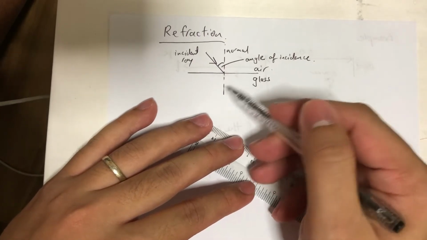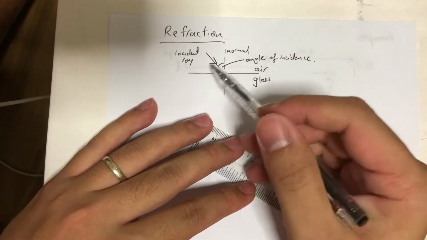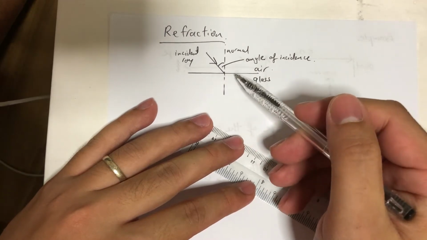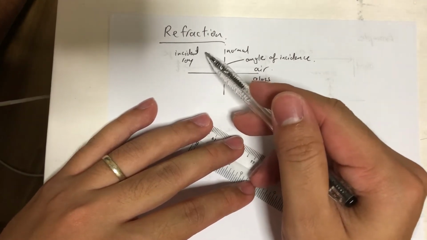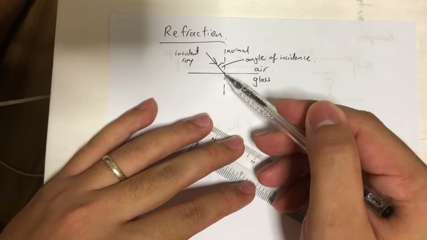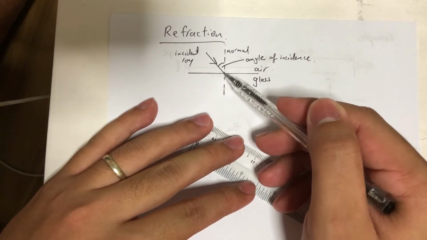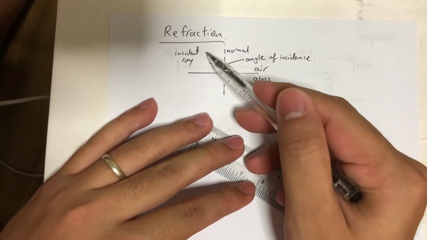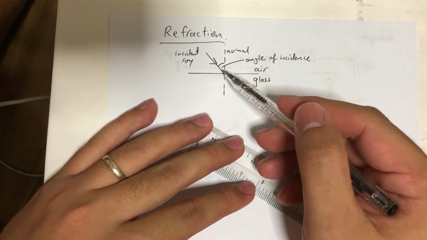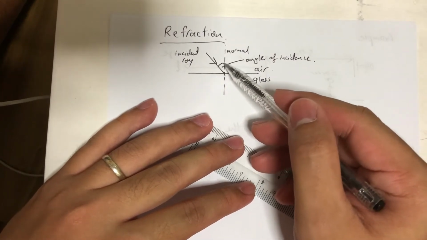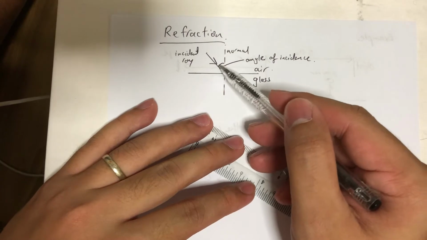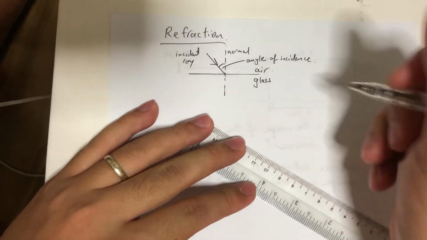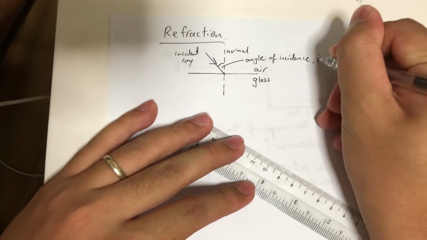Anything under this line is glass, anything above this line is air. So when a light ray coming from the air hits the glass at this point, we are calling it the incident ray. As per reflection, this angle here, we call it the angle of incidence. Usually we'll denote it by i.